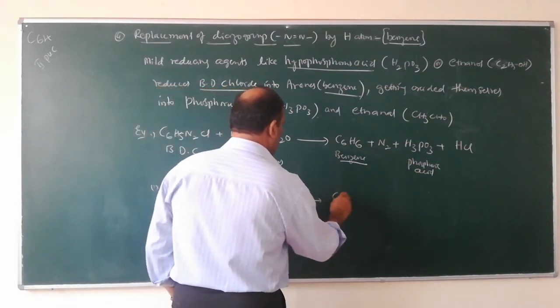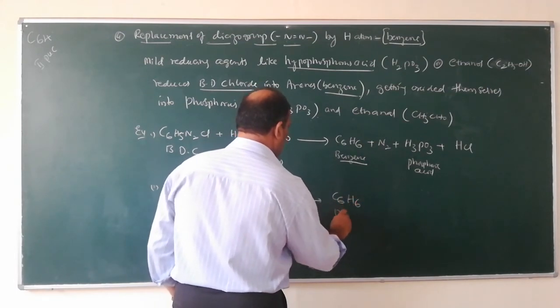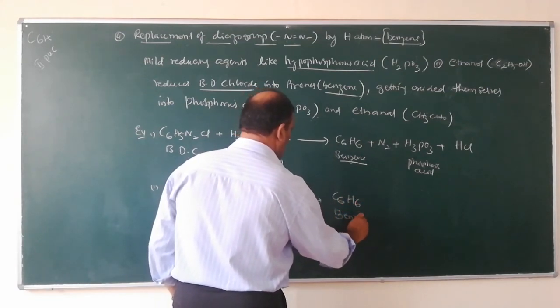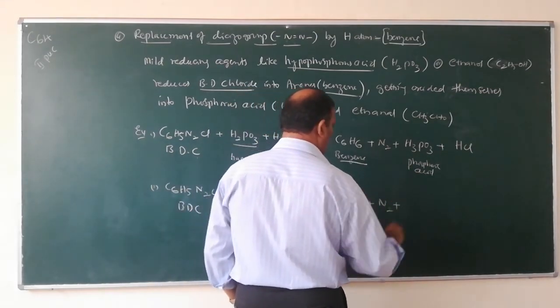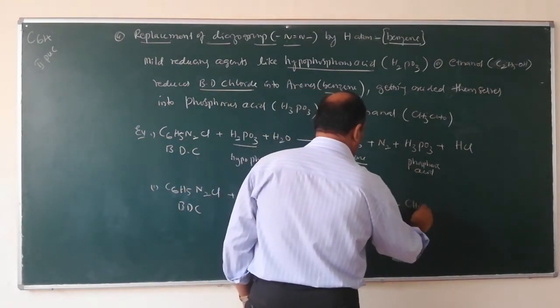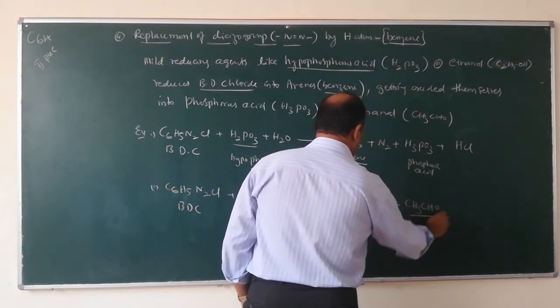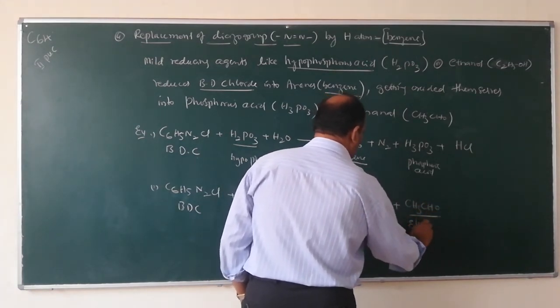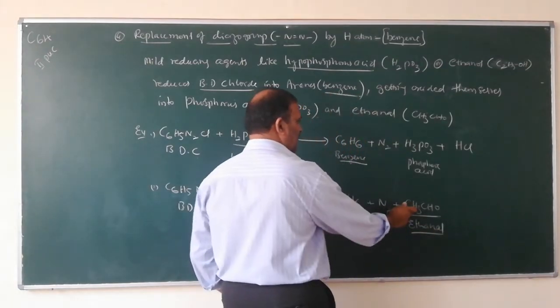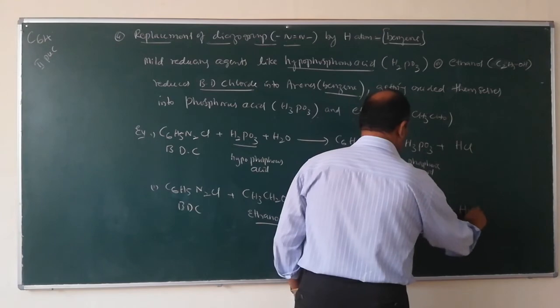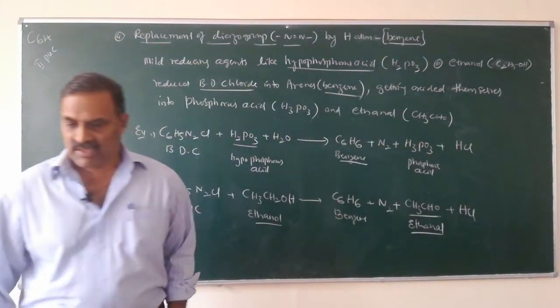So you will get C6H6, benzene diazonium chloride has been converted into benzene, plus N2 plus CH3CHO, which is ethanal, acetaldehyde, plus HCl.